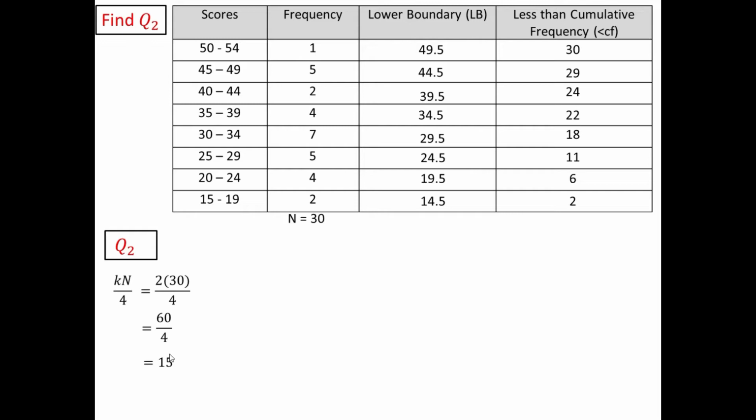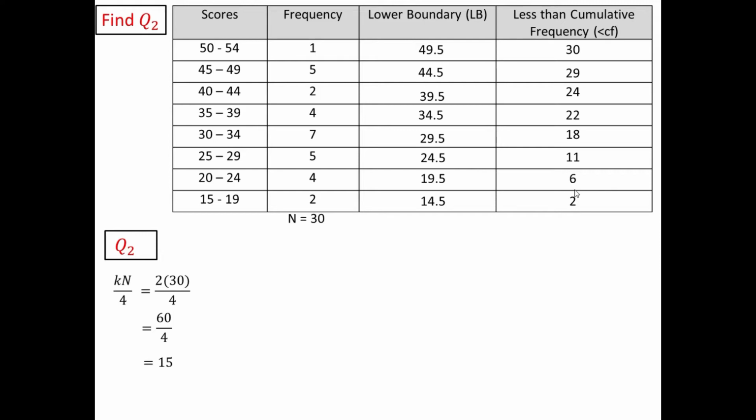Hahanapin na natin yung ating second quartile class gamit si 15. Ang magiging reference natin is less than cumulative frequency. So, alin dito ang pinakamalapit na greater than or equal kay 15? Isa-isahin natin. So, si 2, kapos. Kasi less than 15, hindi siya. Si 6, kapos din.